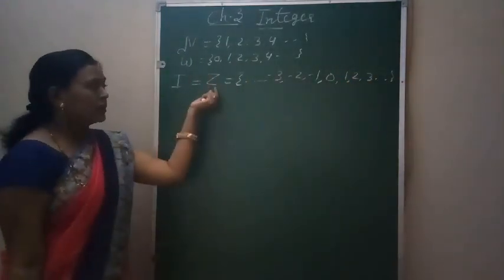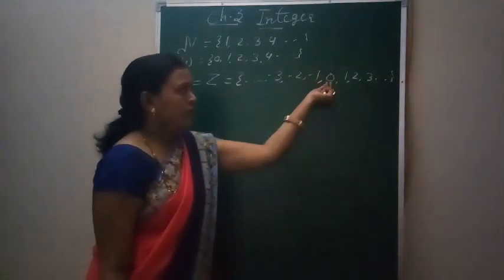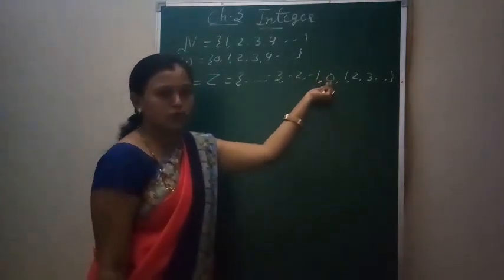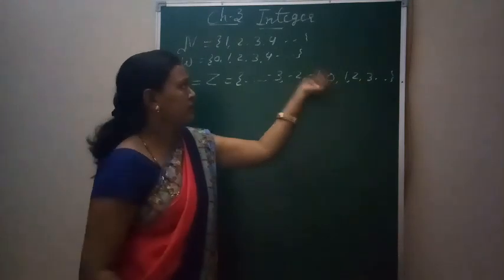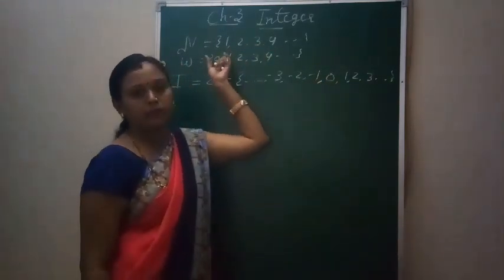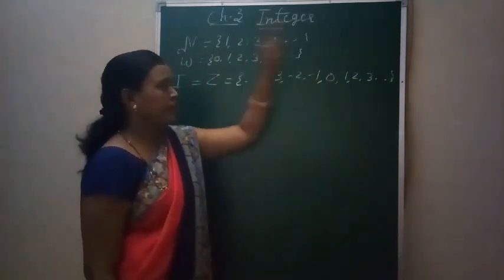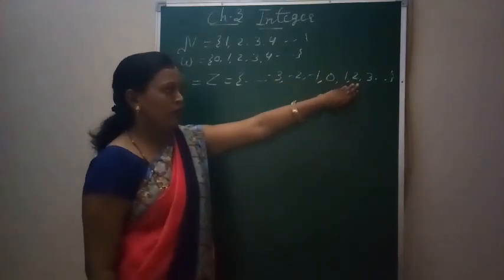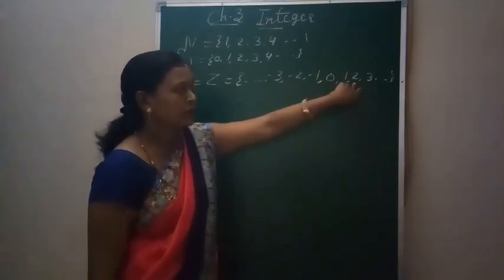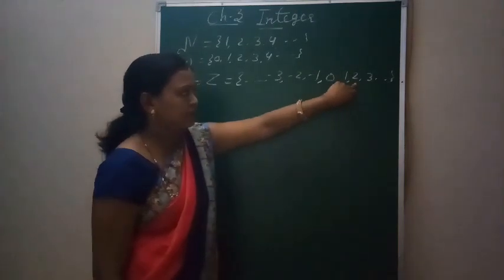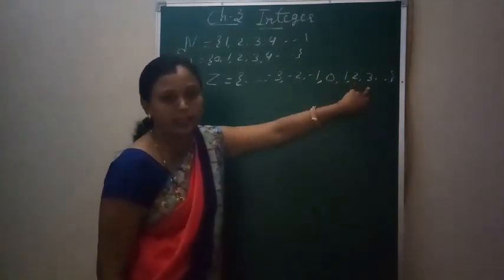Here, we know why we use 0. In the previous class we understood the importance of 0, and also learned about the counting numbers, which are 1, 2 and 3.